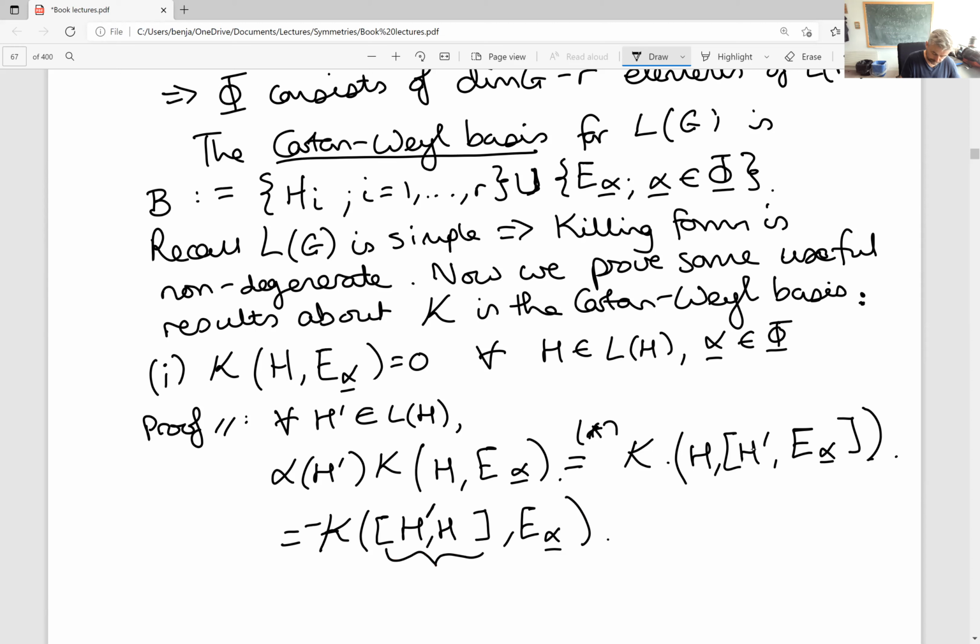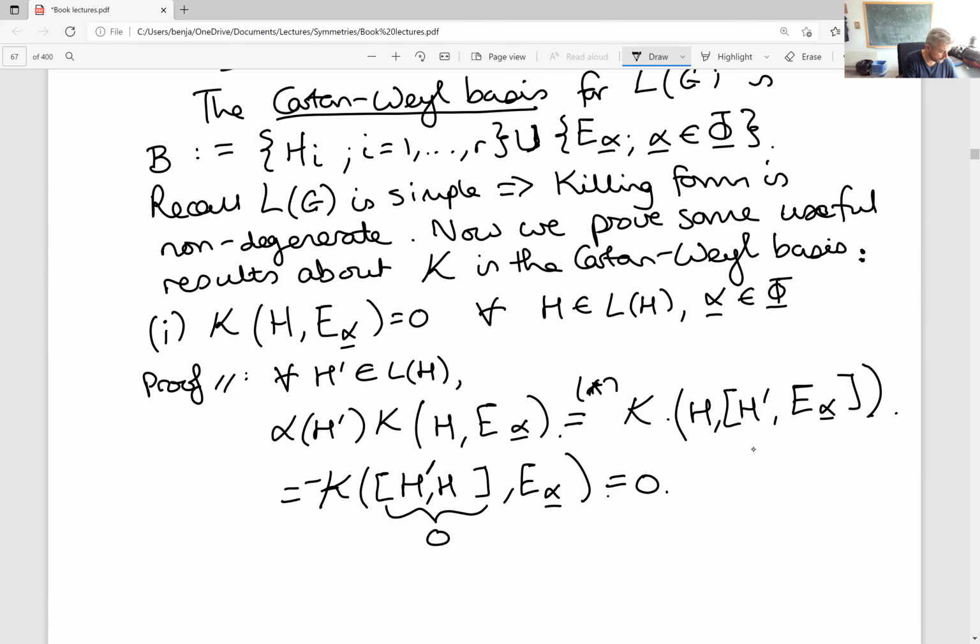But of course, the elements of the Cartan subalgebra have a 0 Lie bracket, and so this Killing form being proportional to each of these elements is 0. So we get our result.